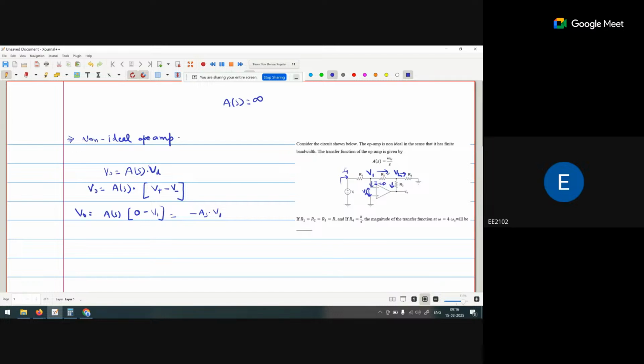If I say it is I1 current, I2 current, I3 current, what we are getting is I1 is equal to I2. So equation number one. Second, I2 is equal to I3 plus I2. Equation number two.